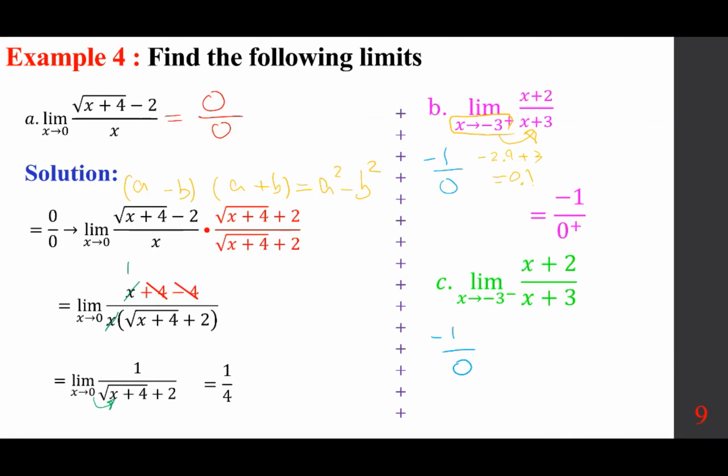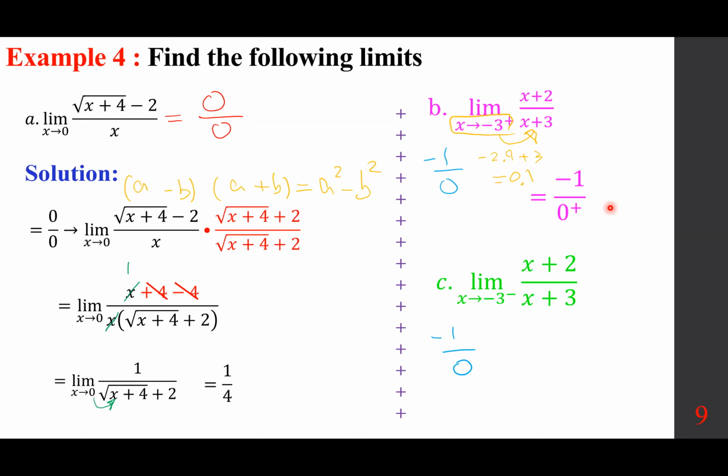And so we write this as -1/0 from the right. We know any number over 0, it ends up being infinity, okay? However, the sign, as you can see, negative over positive is -infinity. And that's really the key that I want everybody to pay attention to.